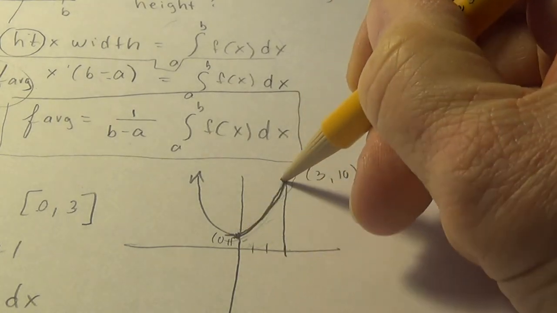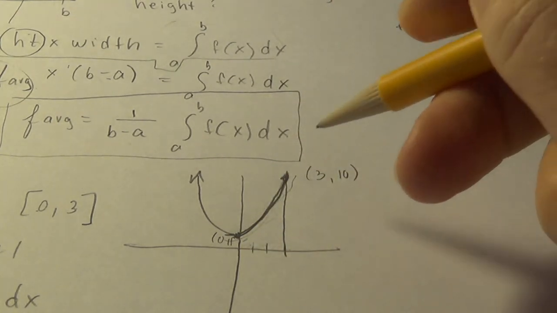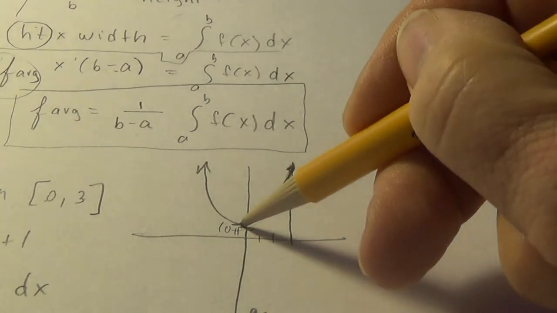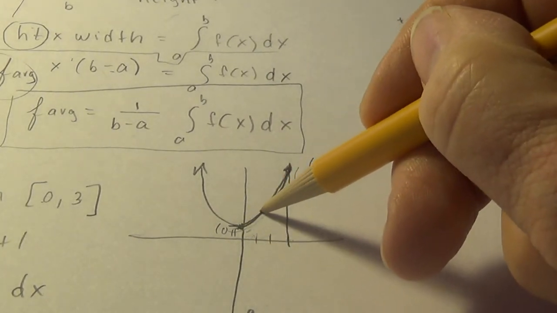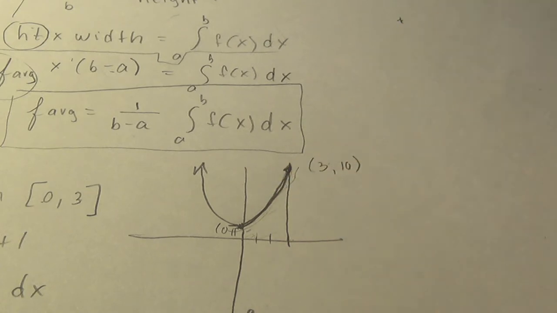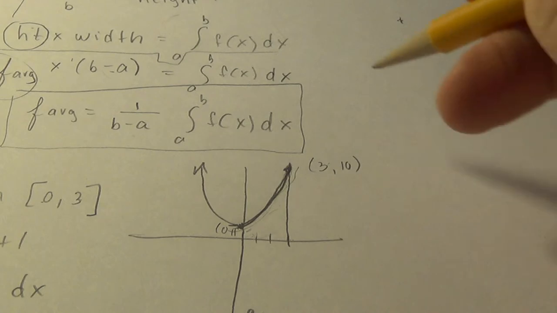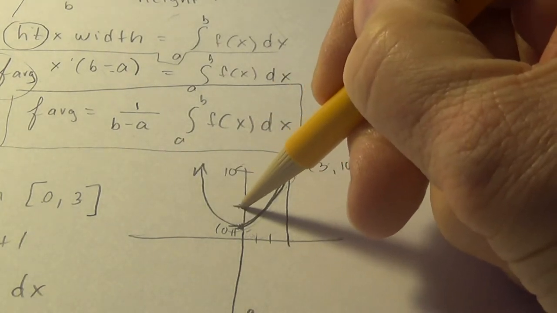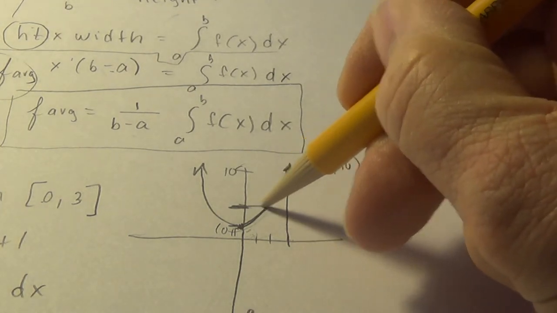So from here to here, the average height is 4. So it went from 1 to 10 in a curved fashion, and the average height is 4. So if this is 10, then this is 1. We've got a 4 somewhere about right there. So that's going to be the average height.